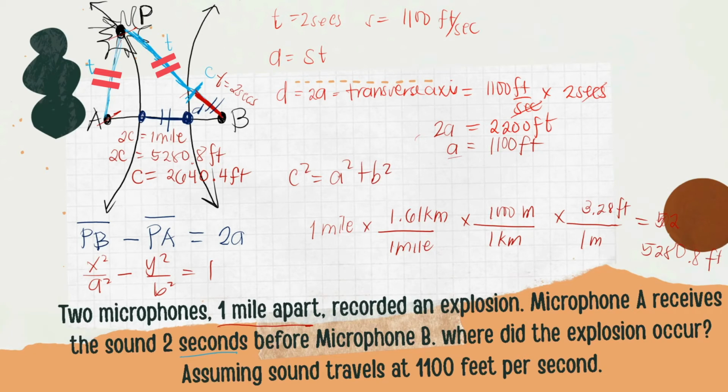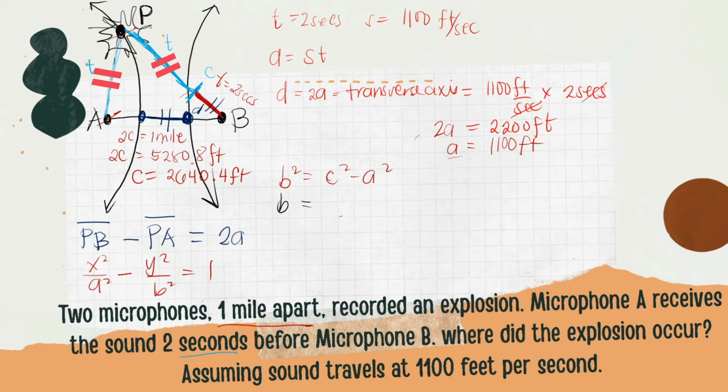compare natin sa A and B. So, to find B, so that is B squared is equal to C squared minus A squared. So, yung B squared is C squared, 2,640.4 squared, minus A, 1,100 squared.